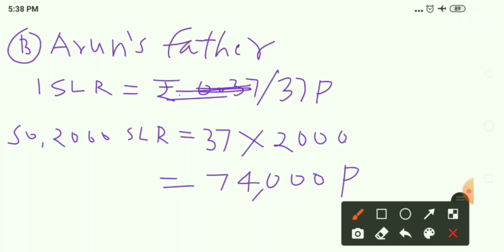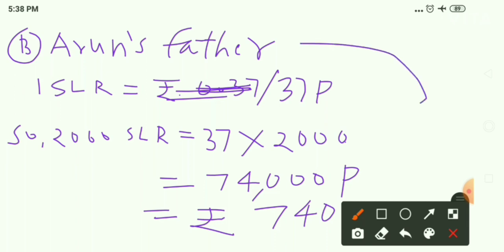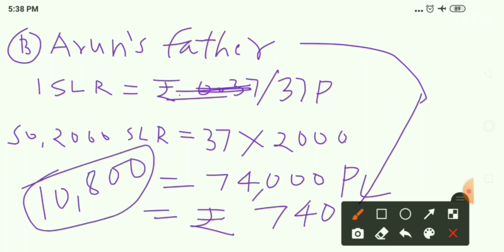So 74,000 paise will make how many rupees? Yes, 740 rupees. So this is the income of Arun's father. And Majid's father's income was 10,800 rupees. So now you can compare who is getting more money. So we can easily say that Majid's father gets more Indian rupees compared to Arun's father.